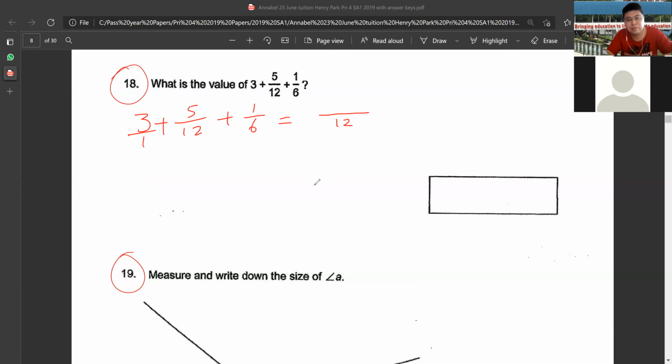Now you get it? Yes. So 12 is the first common multiple of 1, 6, and 12. Got it? Yes.